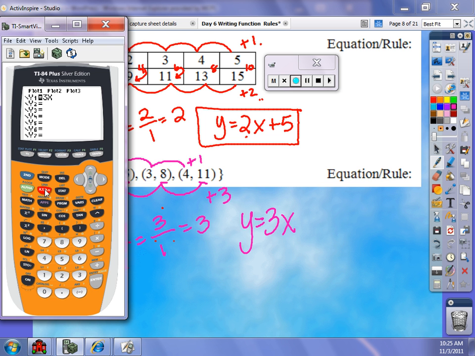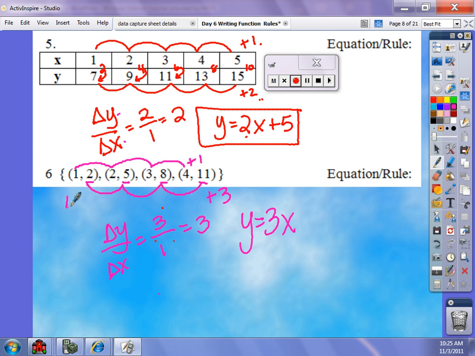3x. Okay, so that means we're going to look now at our table. Ours is saying 1, 3, 2, 6, 3, 9. Okay, so as you can see, this isn't right. How do I get from 3 to the right answer, 2? And from 6 to the right answer, 5?